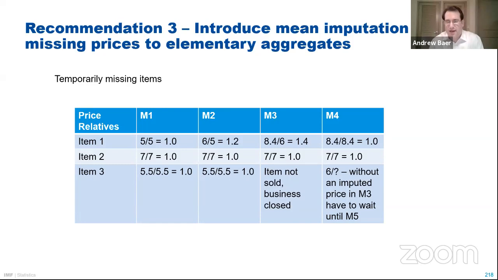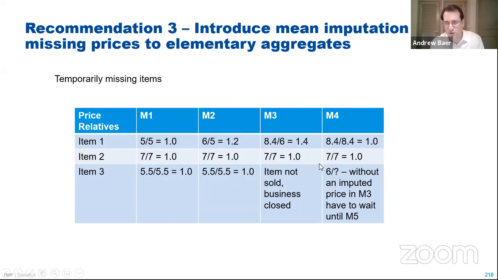It is not acceptable to compare the price of 6 to the 5.5 price in month 2, because you use short-term relatives. I'm talking about this situation where there is no price in month 3.